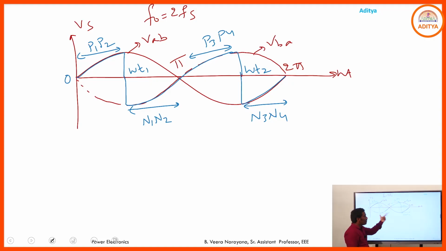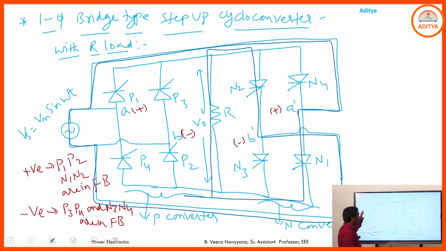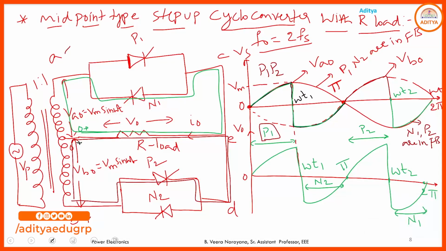So what I observe here is, if you go through either the bridge type cycloconverter or the midpoint type cycloconverter, the output voltage waveform should be the same. But the conducting periods of the switches, or the conducting period of the SCRs, can be changed. Like if you go through the midpoint type, you have P1; in bridge type, P1, P2.